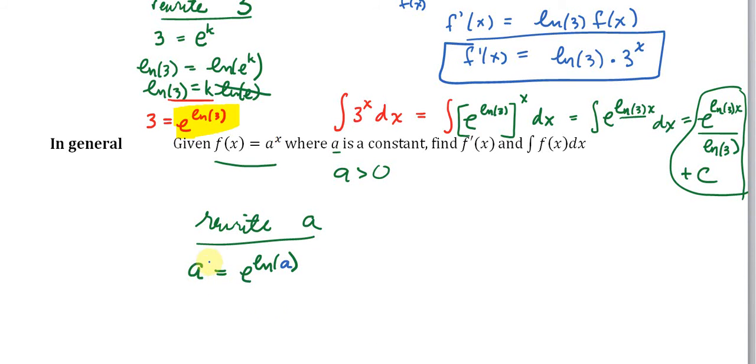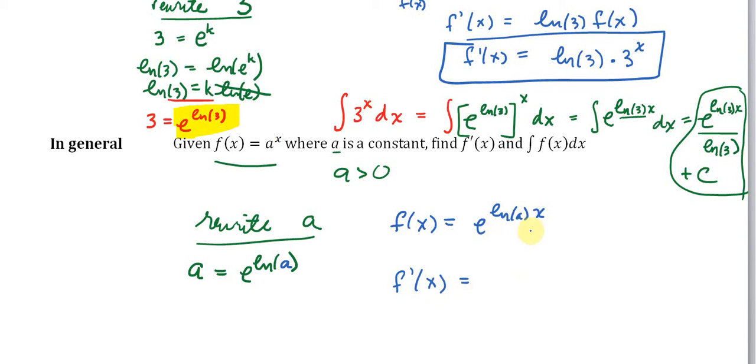Any positive number will be equal to e to the natural log of that same number. So therefore, we can rewrite f of x, instead of a to the x, as e to the natural log of a times x.